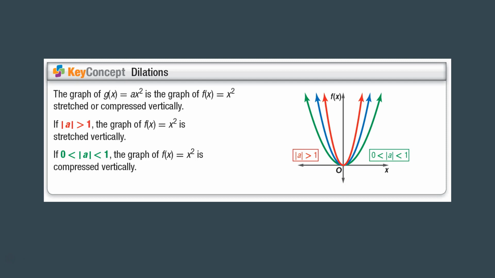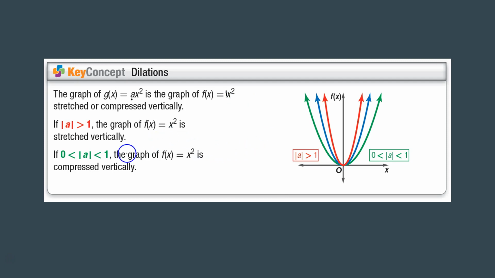Dilations. So dilations are when we have things like g of x is equal to a x squared. And notice the a will be something other than 1. There's a 1 right here. So our dilations are going to tell us if our graph is getting really skinny or if it's expanding.